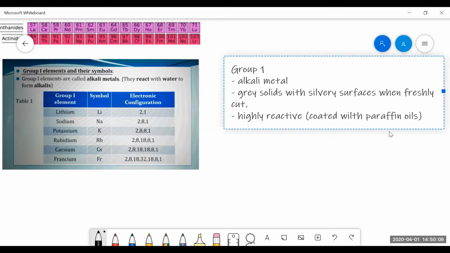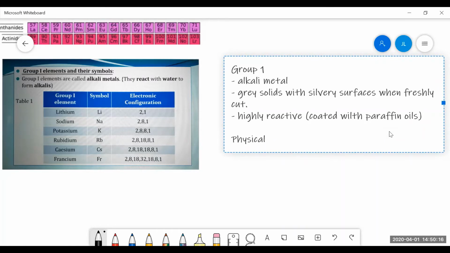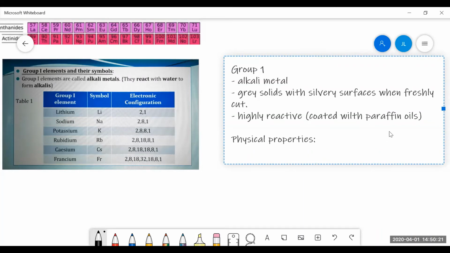Okay. So now the physical properties. It is very light, or has low density. In fact, they float on water because their density is lower than water.